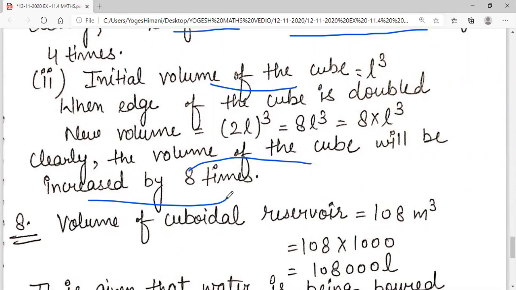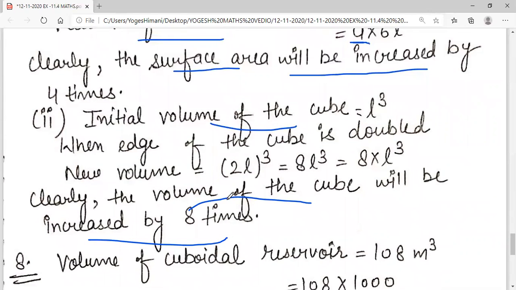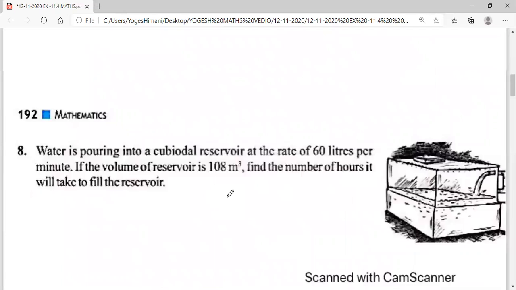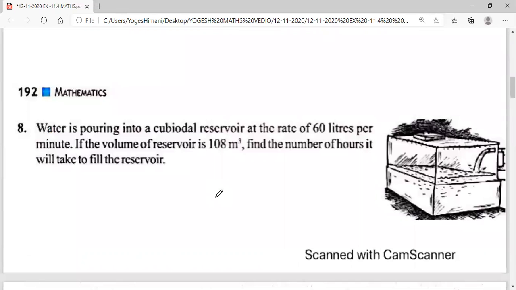Very simple. Okay, students. So let's start our last question of this exercise. The most important question of this exercise, question number 8. In the question number 8, we can see that water is pouring into cuboidal reservoir.